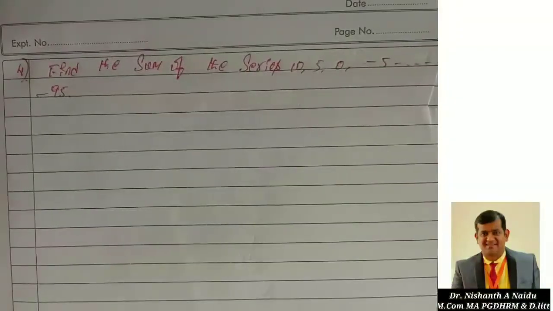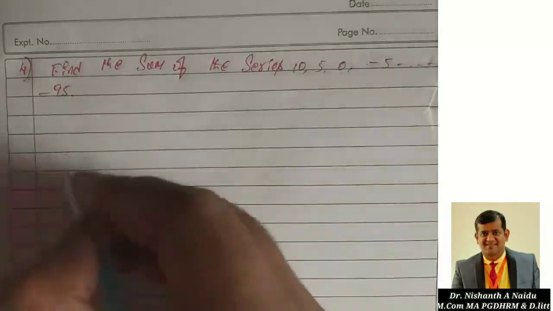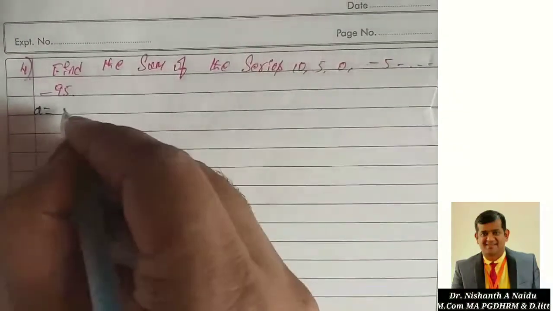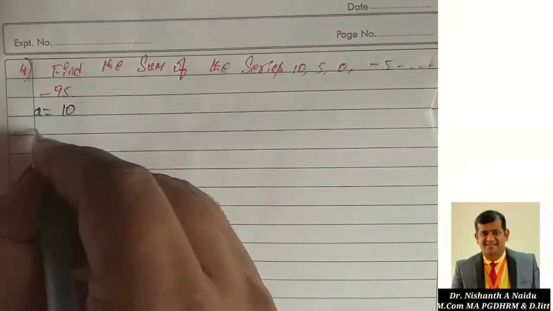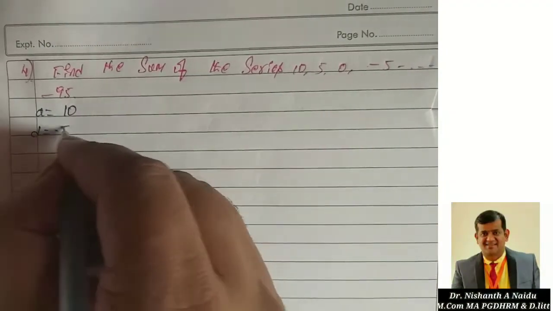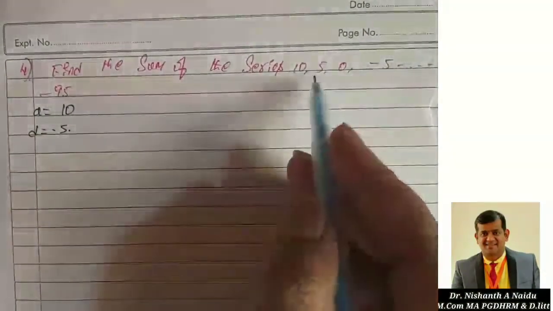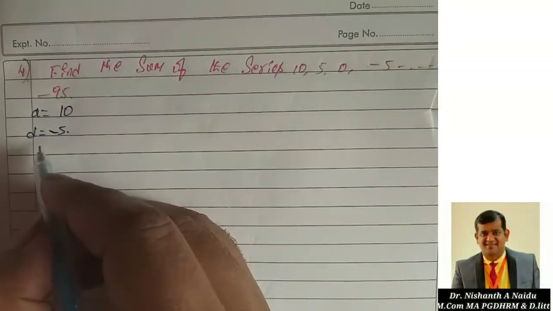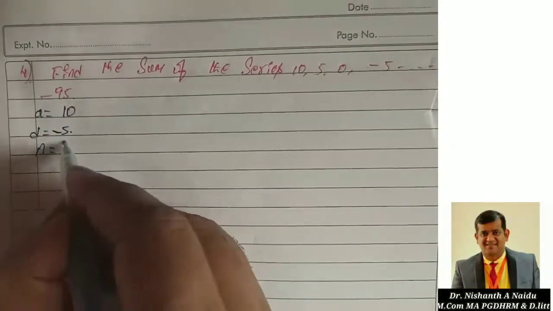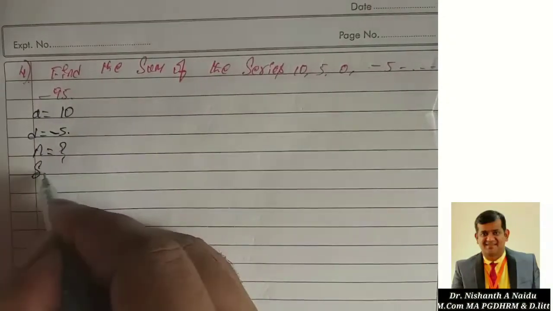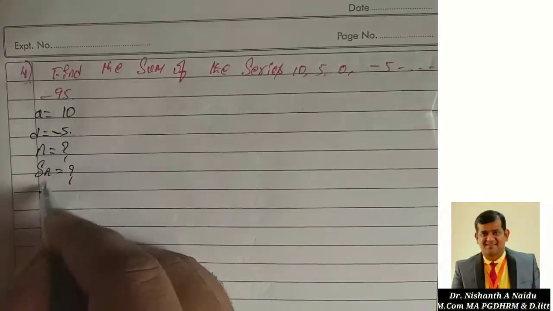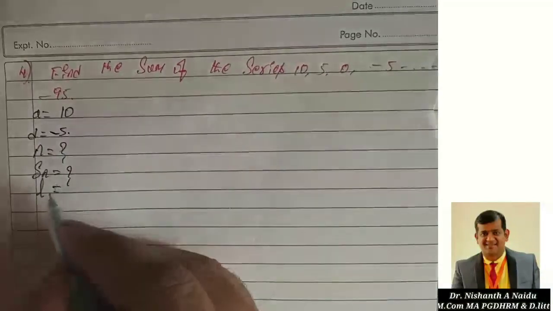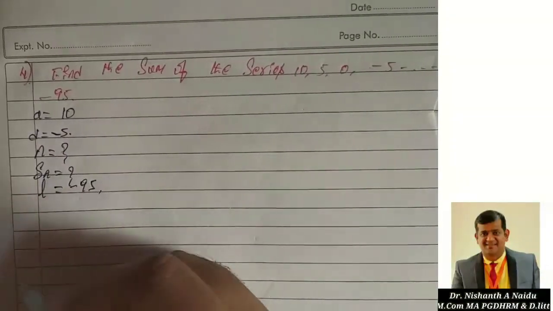So we have to find the sum of this series. The given values are a equals 10, d equals minus 5, because this is decreasing order, and n we don't know, Sn we don't know, and the last term l is given as minus 95.